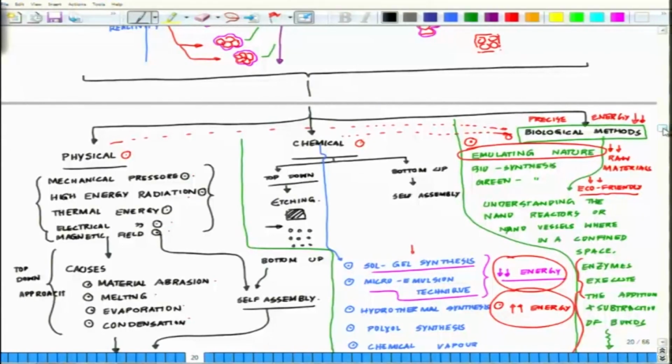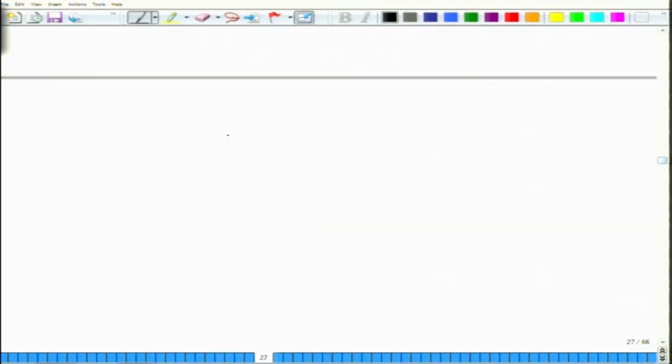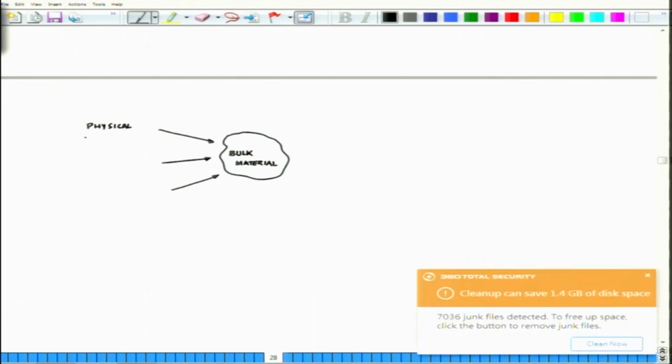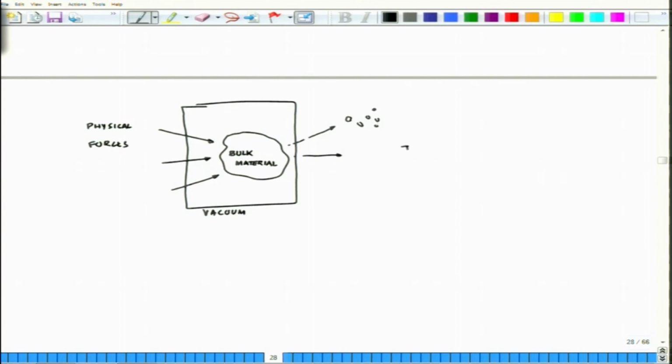So, using all these forces, in other words, if you logically break down the whole thing, you have this bulk material and you are using all these different physical forces on this bulk material, and you are applying the physical forces in most of this situation in a vacuum situation, and you are making thin films by depositing them, and all sorts of different kind of things what you are achieving by using these techniques.